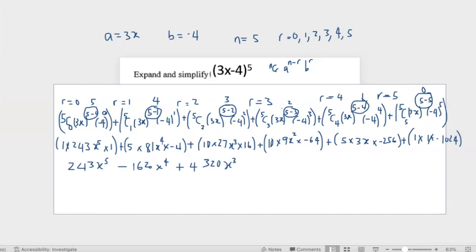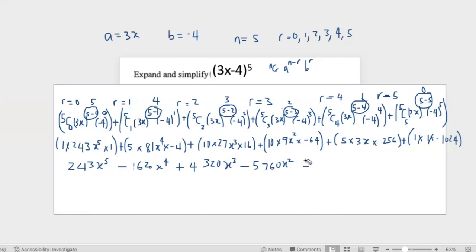Then we have 10 times 9 times minus 64. That's going to be minus 5,760x squared. Then we have 5 times 3 times minus 256. That's minus. So this correction, let me correct it. There is a correction.